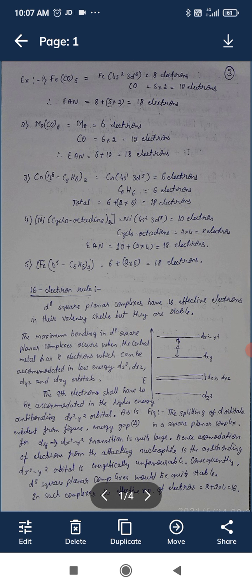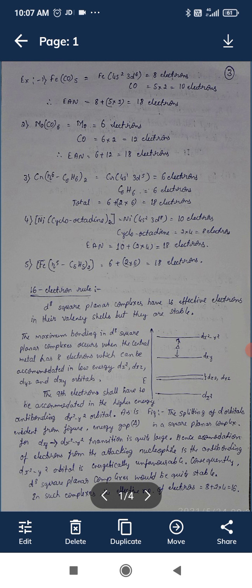Now coming to the 16 electron rule. The only type of complex which obeys the 16 electron rule is d8 square planar complexes. The d8 square planar complexes have 16 effective electrons in their valence shell, but still they are stable. We have been studying until now that coordination compounds having 36 electrons are stable.